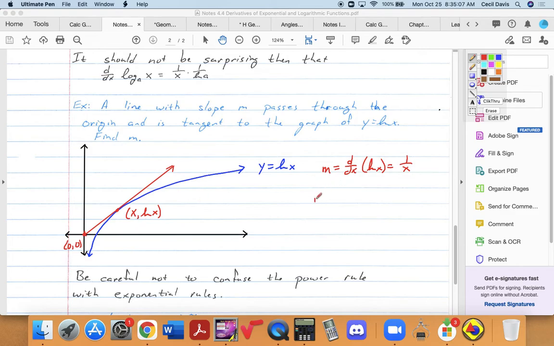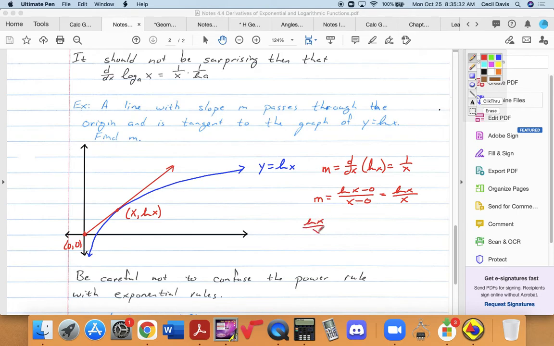So this was the key. The slope is also natural log of x minus 0 over x minus 0, which is natural log of x over x. Right. So now we have found the slope two different ways, and we can just set those equal to one another and solve.